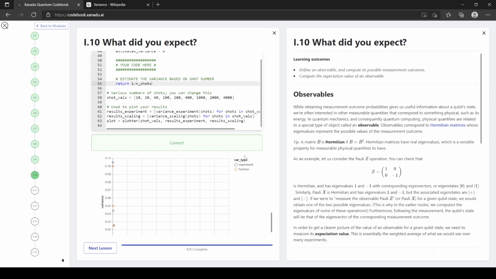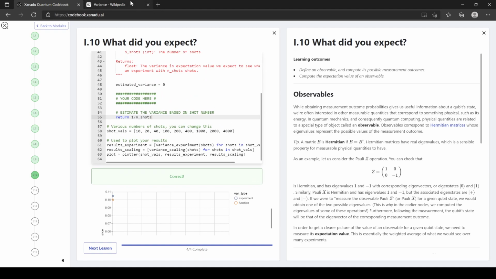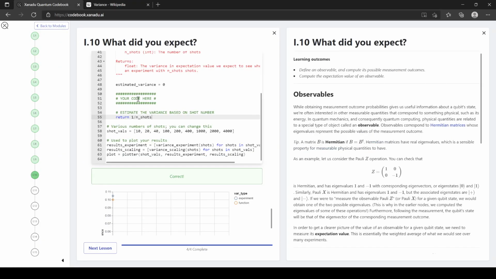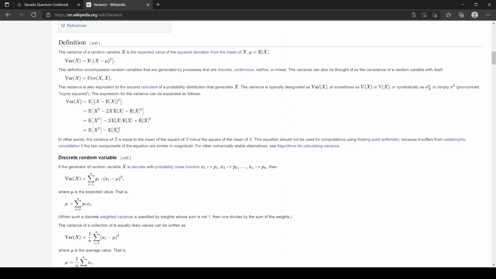There we go. What's going on here is that this function is quadratic in the number of shots, and we're taking the average, which is this expectation value, so we're getting an inverse, 1 over the number of shots, because this right here has gone to 0, and this is not going to 0.